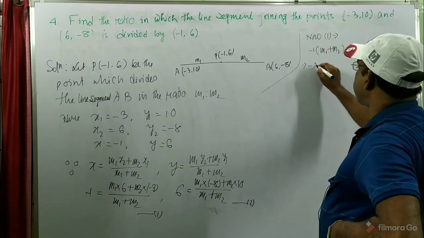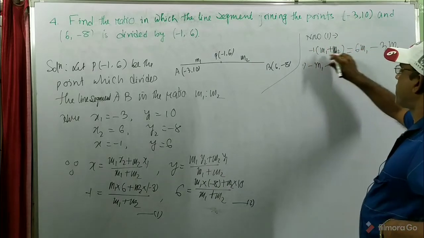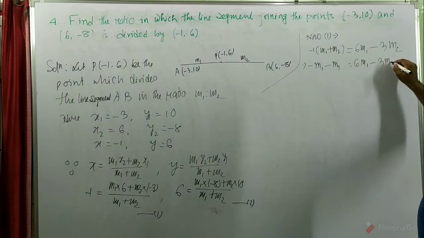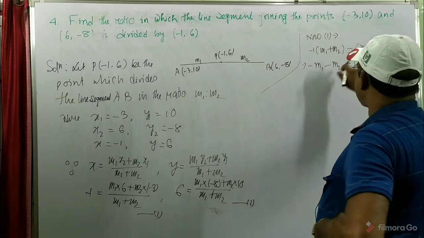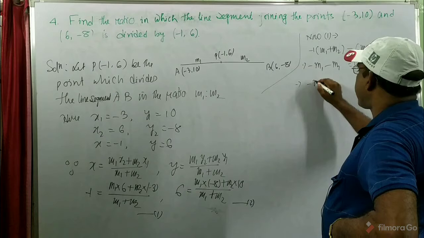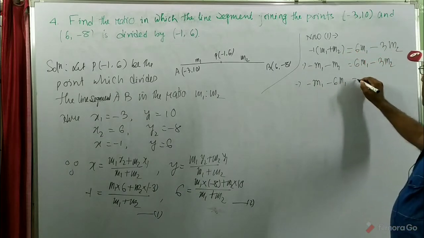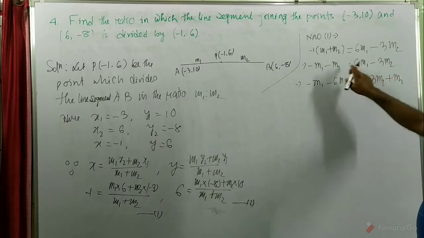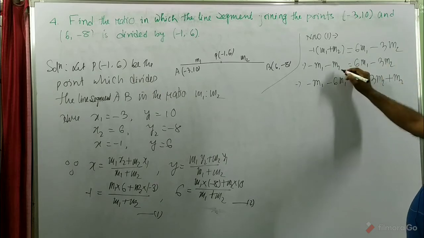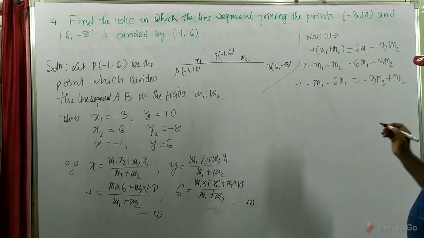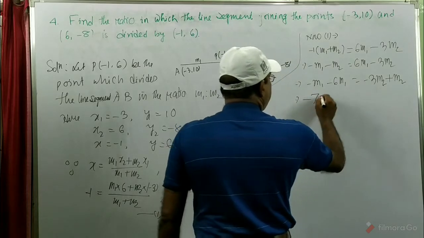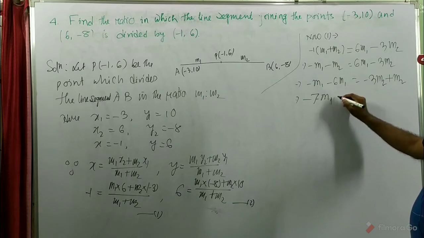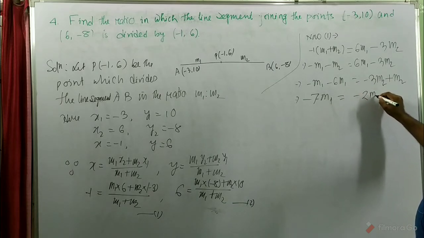So multiplying, this is -m1 - m2 equal to 6m1 - 3m2. Taking m1 to the left hand side and m2 to the right hand side, we get -m1 - 6m1 equal to -3m2 + m2. So this is -7m1 equal to -2m2.